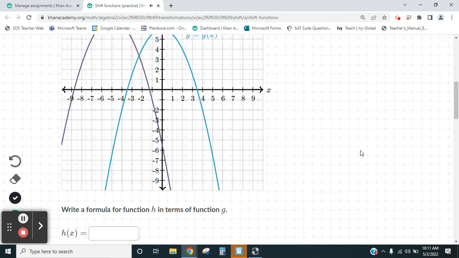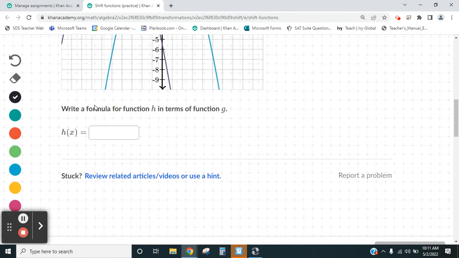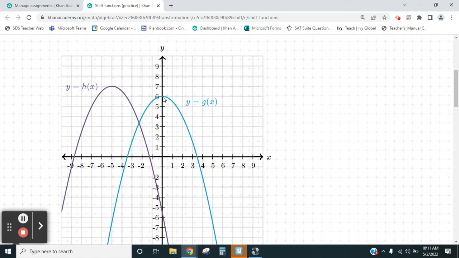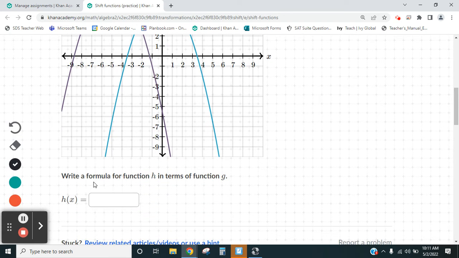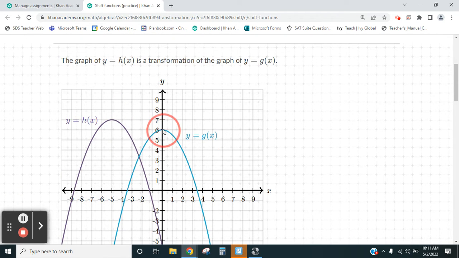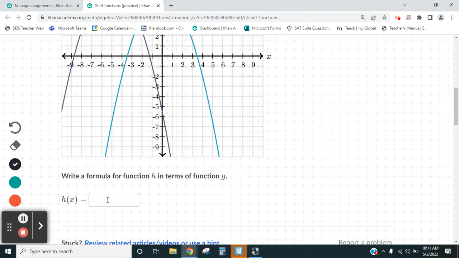All right, let's kind of get into a couple of the tougher ones. Here's one of them. All right, what happens when you go from G to H? So let's look at that one more time. It says write a formula for H in terms of G. So here's G. Let's start there. Whenever it says this, write it in terms of G, your answer will have a G in the equation.